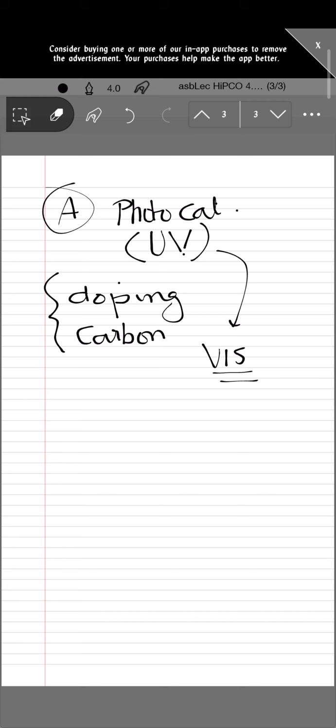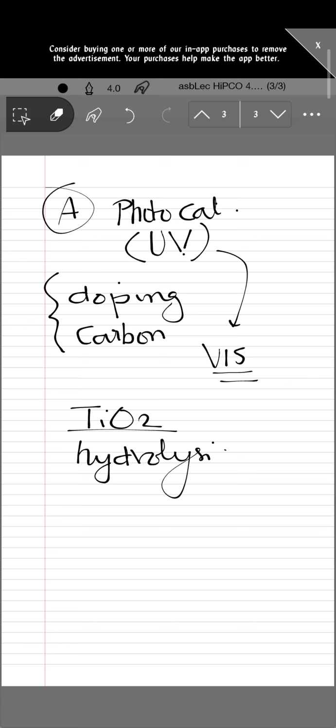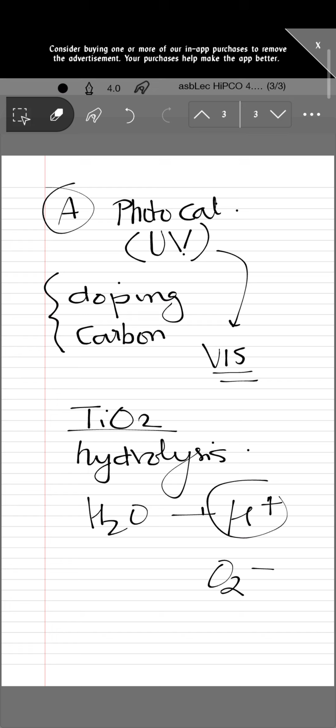Now this titania TiO2 has a potential to carry out a process called hydrolysis, that is basically breaking of water H2O into H plus and O2 minus, where H plus hydrogen ions are used for energy production.